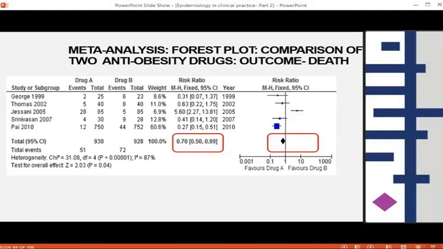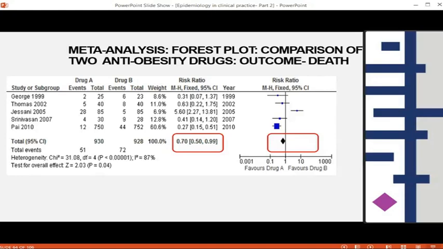And how sure are we of that? Your confidence interval is 0.50 to 0.99. So a 0.50 means a 50% reduction in the risk of death. That's your best estimate. A 0.99 means a 1% reduction in the risk of death. That's your least estimate.